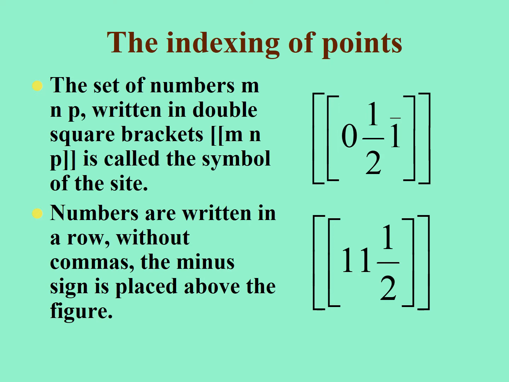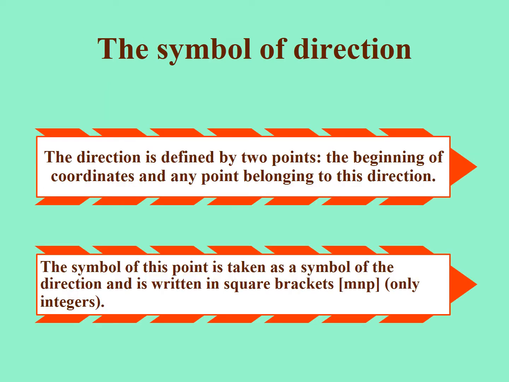A series or a unit line, as well as a crystal rib, is characterized by the slope in the selected coordinate system. If the series does not pass through the origin of coordinates, we mentally move it so that it passes through the origin of the coordinates.